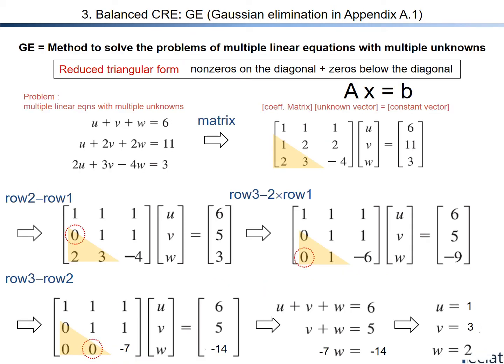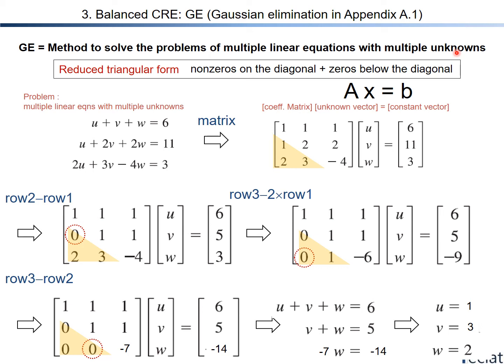Until now, let me change to the laser pointer. Until now, you have tried to get the information about the stoichiometric coefficients. And at the first step, you have solved the problems of multiple linear equations with multiple unknowns. Maybe you could solve the problems, but sometimes you have a lot of stoichiometric coefficients, and a lot of atoms are involved in the chemical reaction equation.